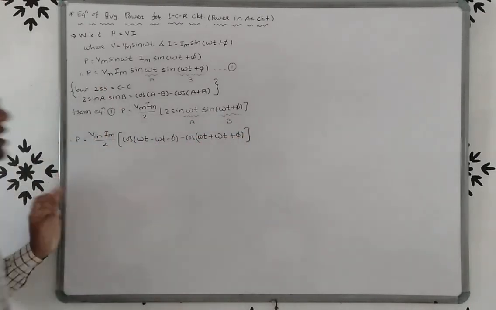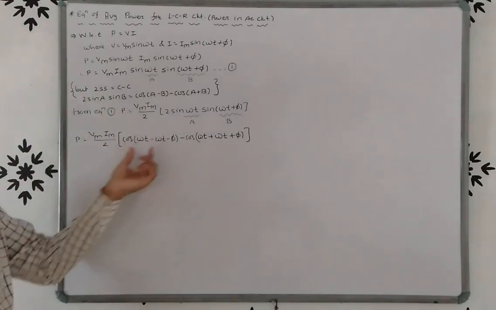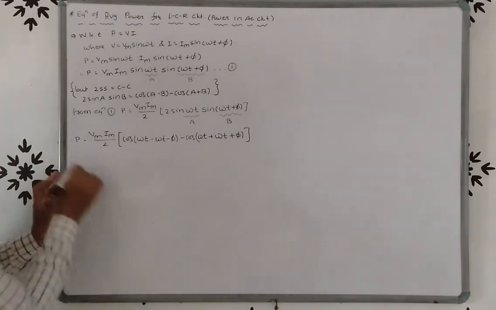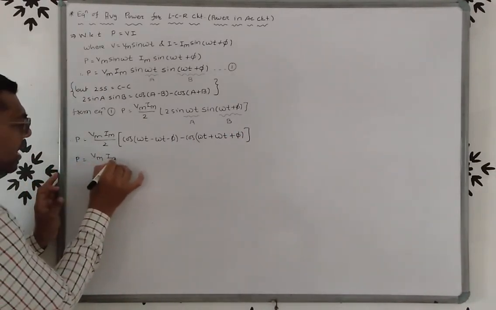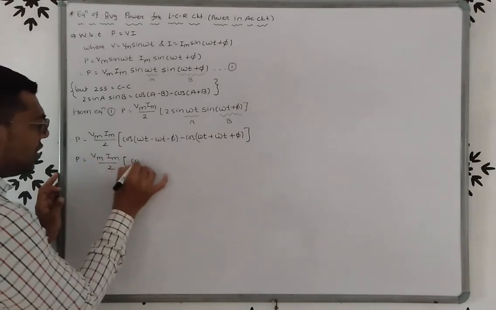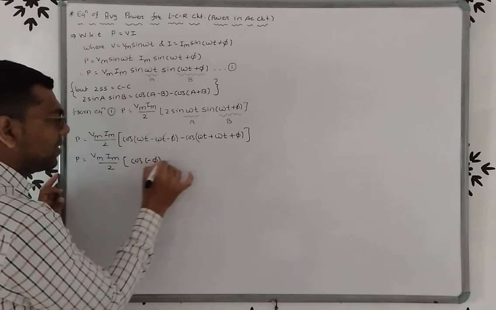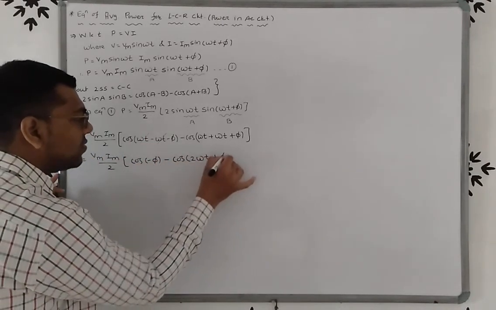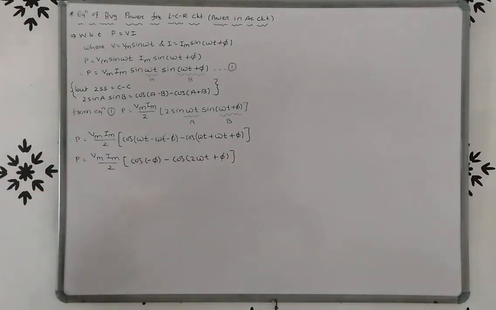So we get P is equals to Vm Im by 2 cos, here omega t cancels, so cos of minus phi, minus cos 2 omega t plus phi, because omega t plus omega t gives 2 omega t plus phi.